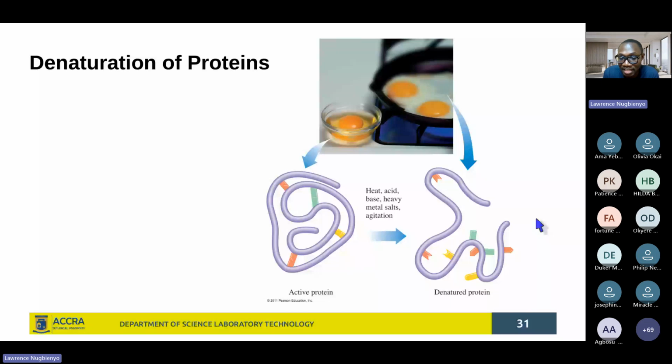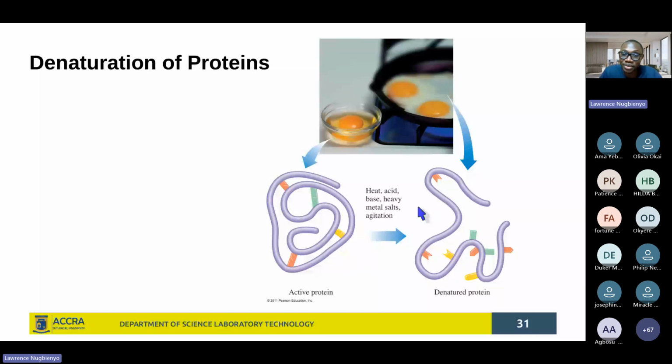And what are the things that can break down these bonds? Things like high temperature can be, say, low pH, high acidic medium can cause denaturing, or high basic, high pH can cause denaturing. There are some heavy metal salts that can also cause denaturing, or just agitation.